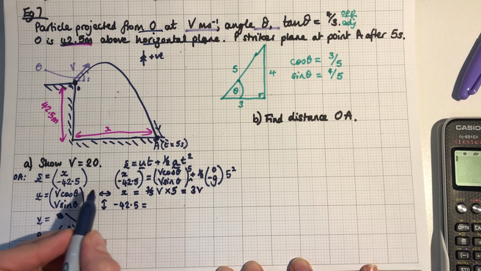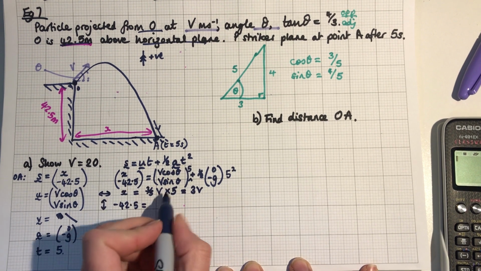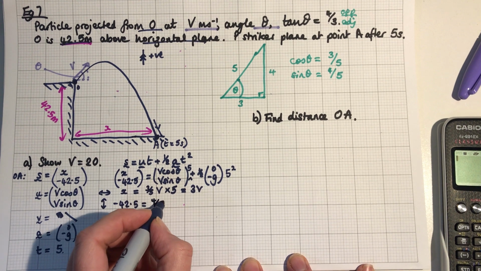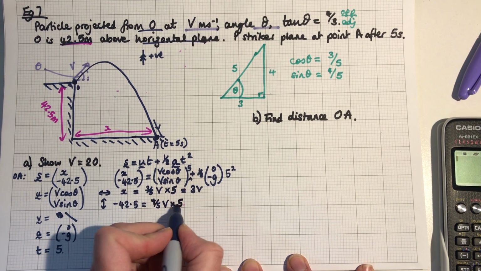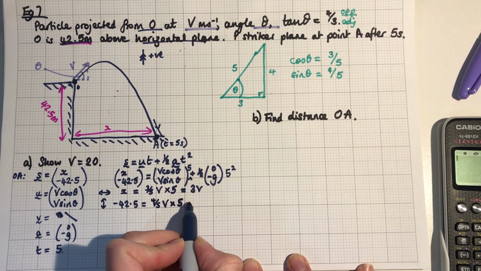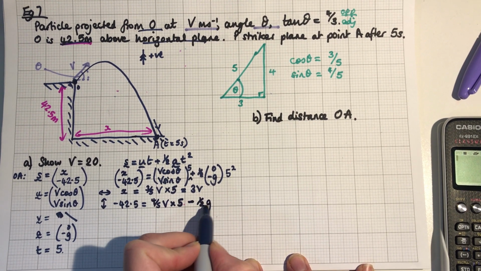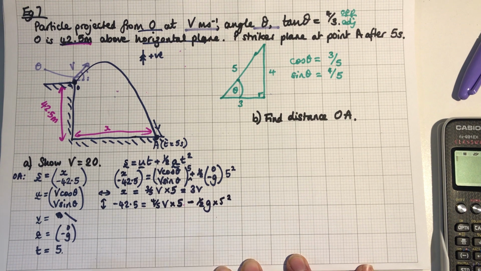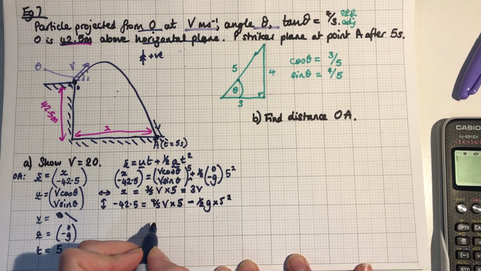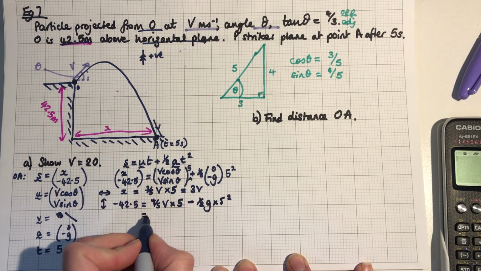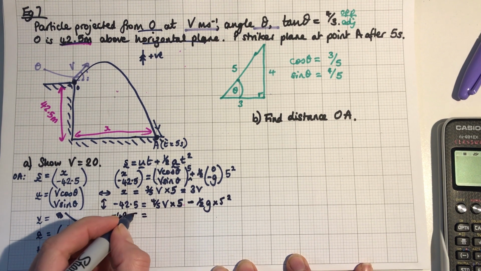So coming to the second row, minus 42.5 equals sine theta is 4/5. So we've got 4/5 v times 5. Don't miss it out. And then minus half times g times 5 squared. Let's tidy this one up a bit, shall we? Minus 42.5.